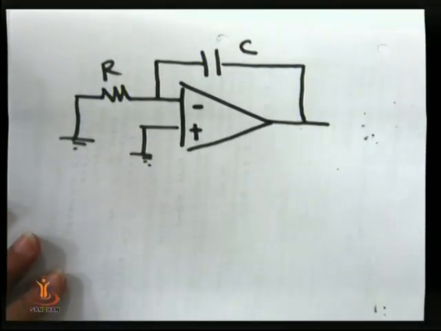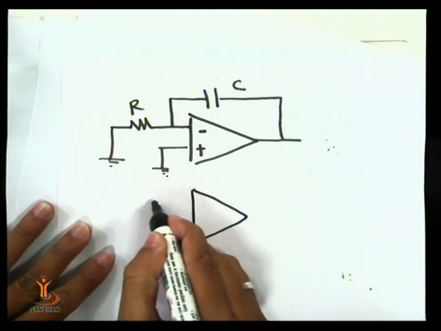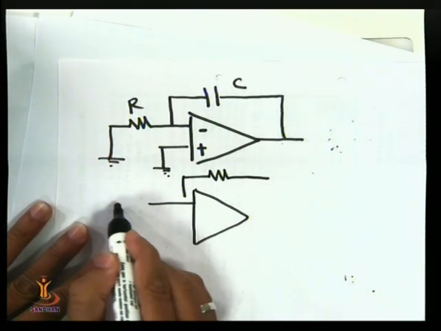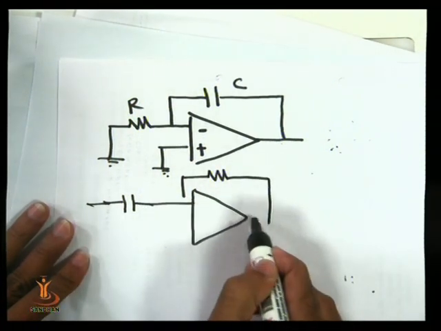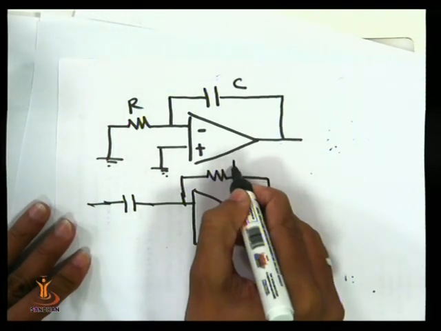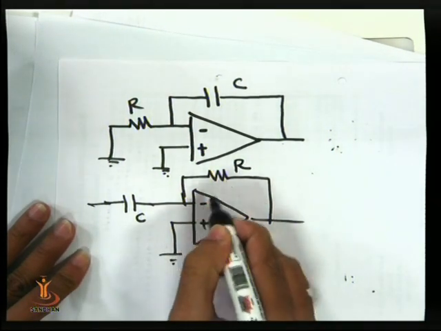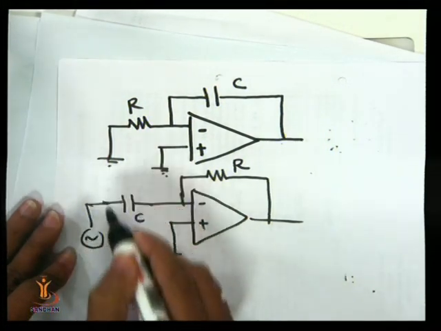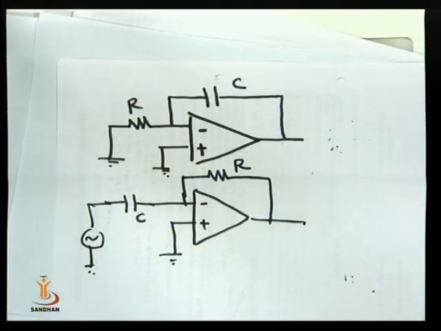If one wants to convert this integrating op-amp into a differentiator, just interchange the capacitor and the resistor. Here you place the capacitor, and you form the differentiator, with R and C. Again, you can see both circuits are for the inverting configuration. So all these things are about the op-amp and the amplifiers.